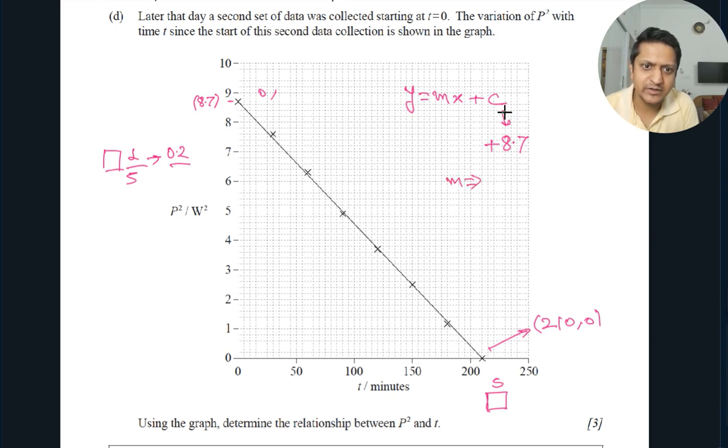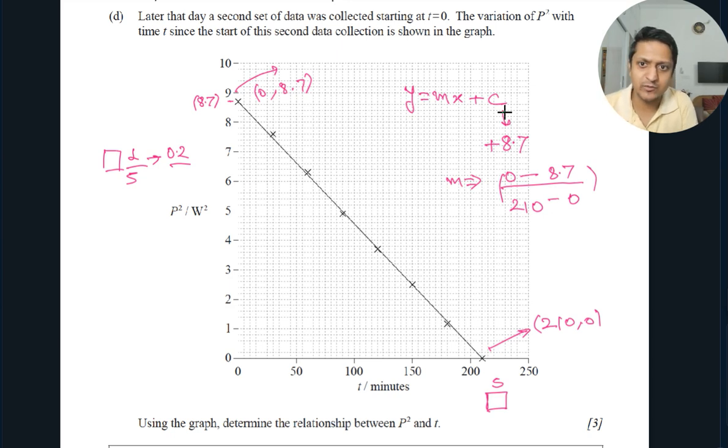So the M value will be 0 minus 8.7 divided by 210 minus 0. You know it, these are the 2 points and I am just calculating the slope.